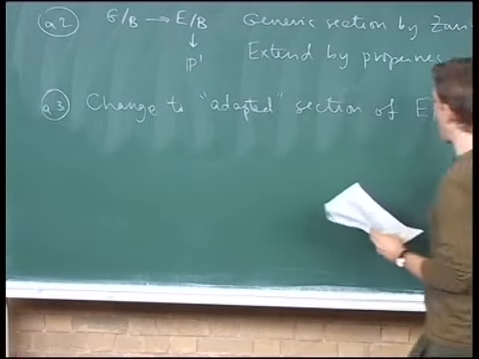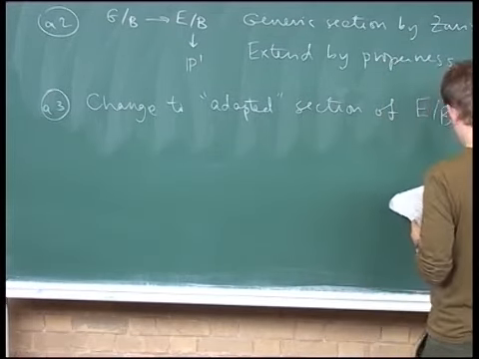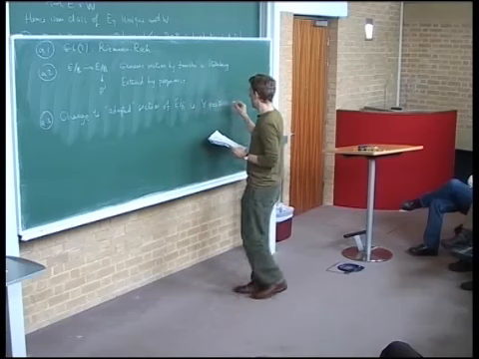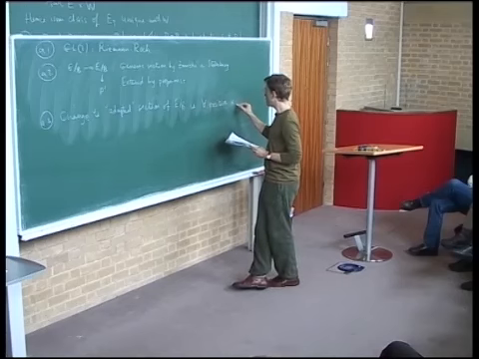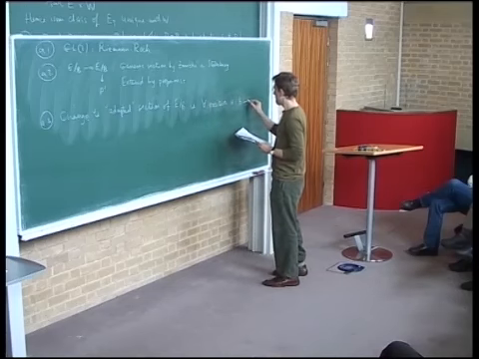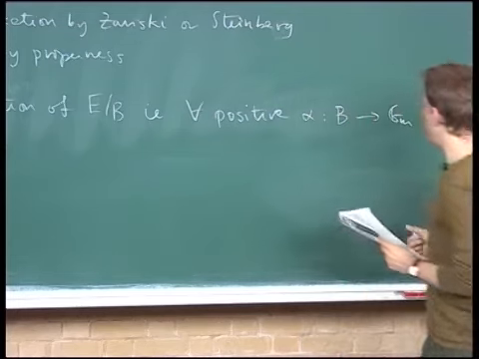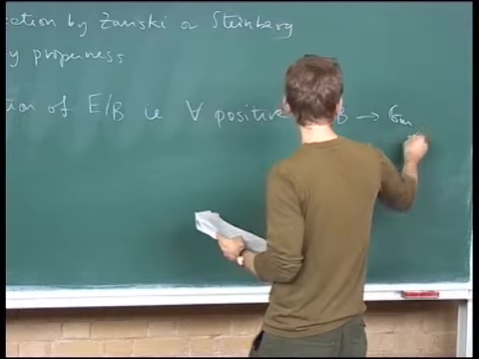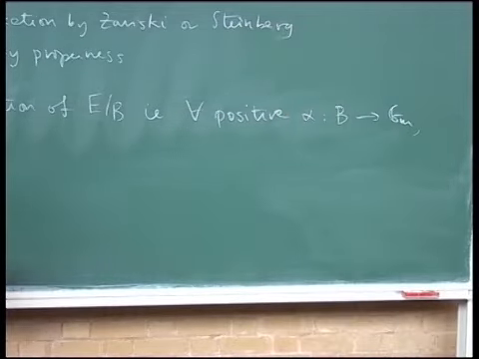So what it means to be adapted is that for any positive root, alpha, on the Borel, I could take the associated line bundle to this.